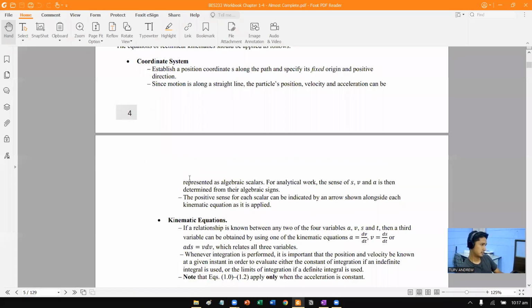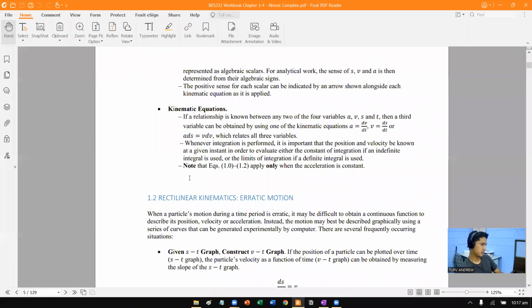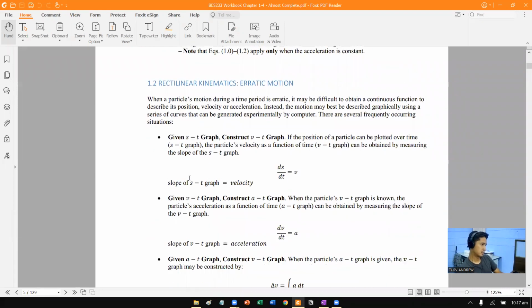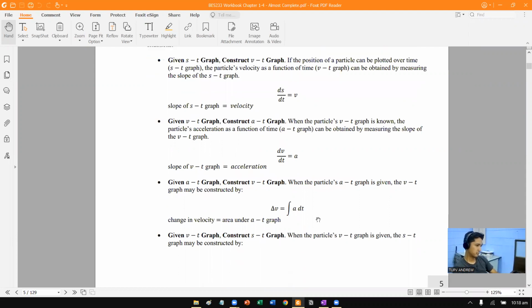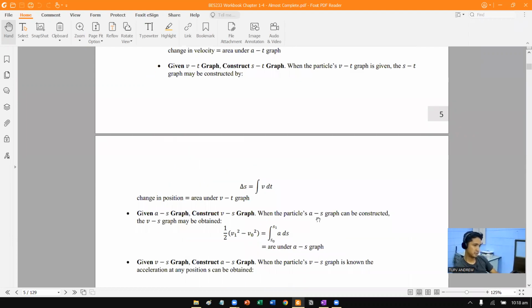Coordinate system, these are just the tips. Rectilinear motion is simple. This is for erratic motion, like when you bike, where your motion changes. Your graph may be a straight line, linear, or it could be parabolic, something like that. These are just tips, and I will not discuss them in detail.